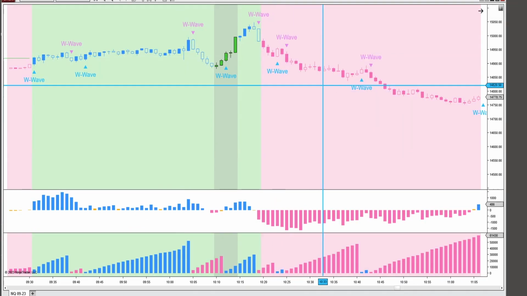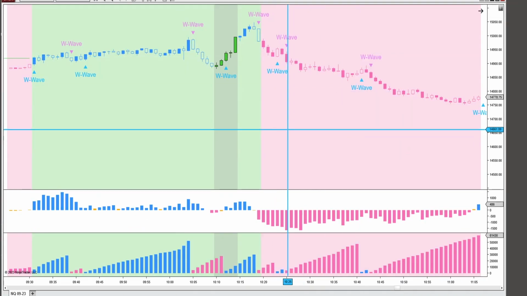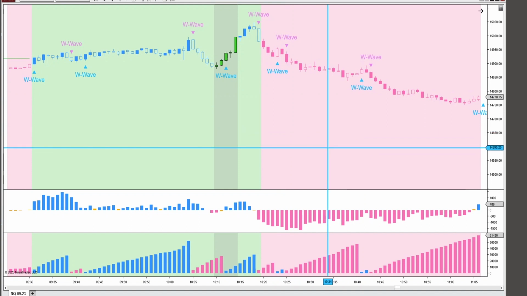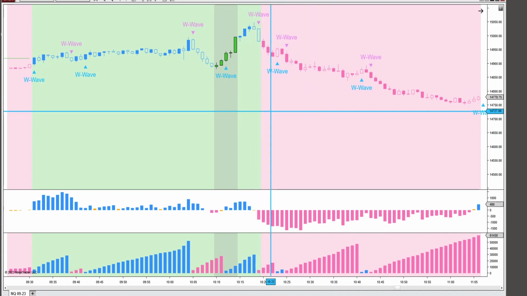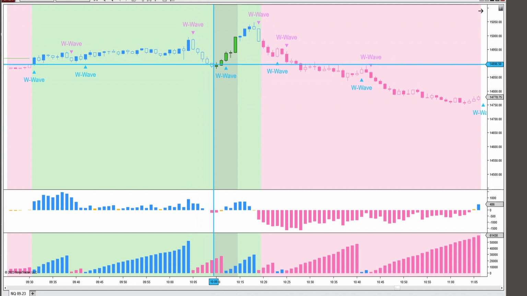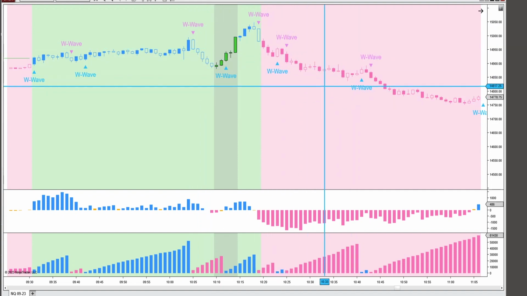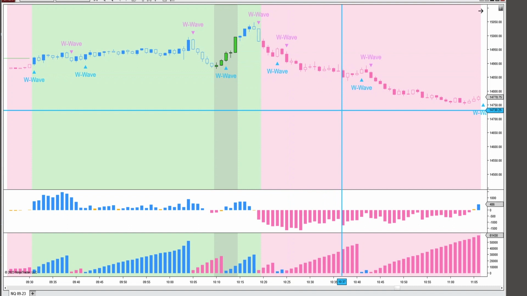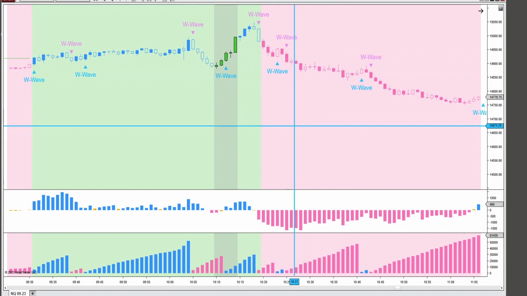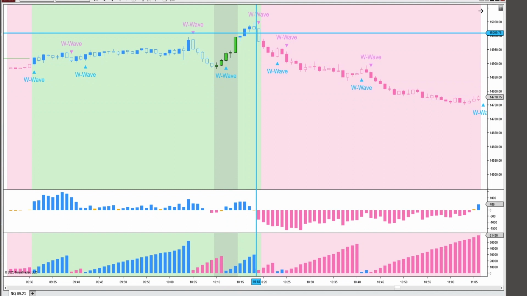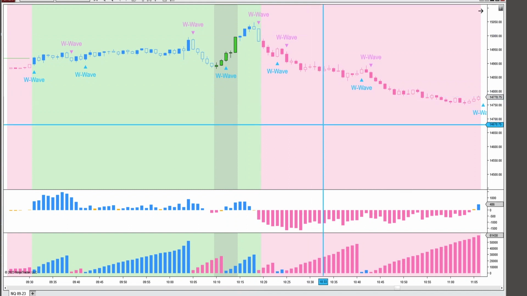I also wanted to share this trick that's helpful for me when I'm playing with new indicators or checking out an indicator and I'm not sure if I want to incorporate it into my main system yet. I kind of want to keep an eye on the cumulative delta and the W wave signals, but I still want to trade my main system and I don't want to apply both of these indicators to my other chart and have it be way too confusing.